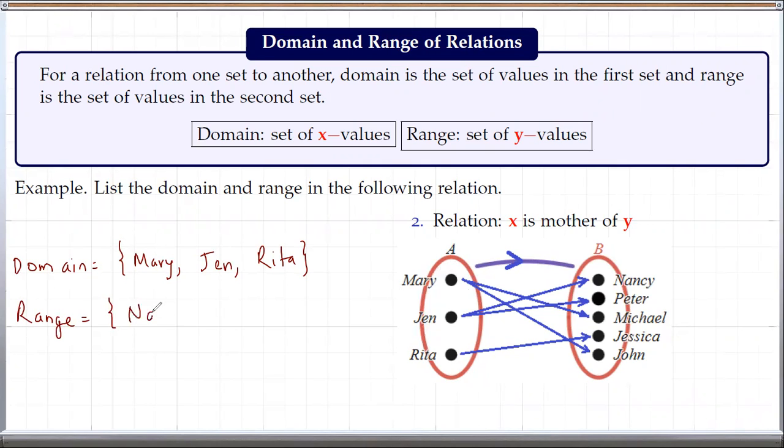So we have Nancy, Peter, Michael, Jessica, and John. So this is the range for this particular relation.